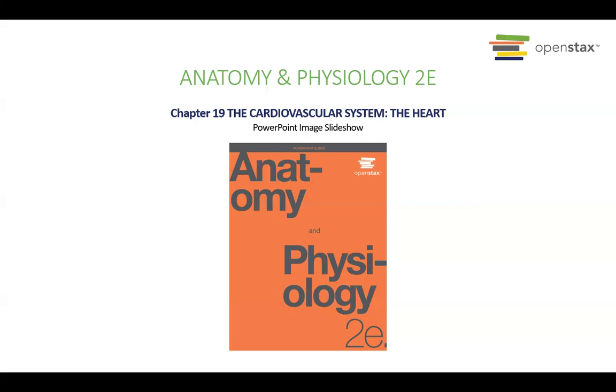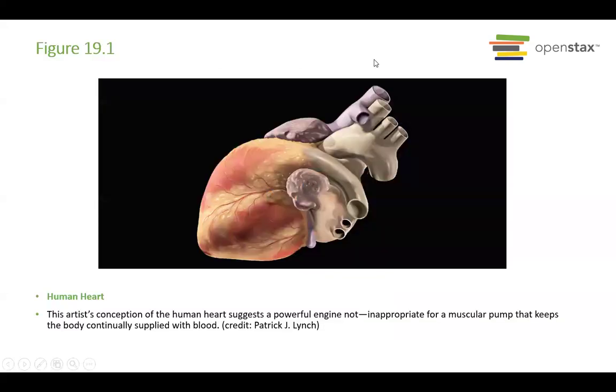So if you look at the circulation, this is the human heart. We have looked at that in lab. What is this? That's three tubes coming out.